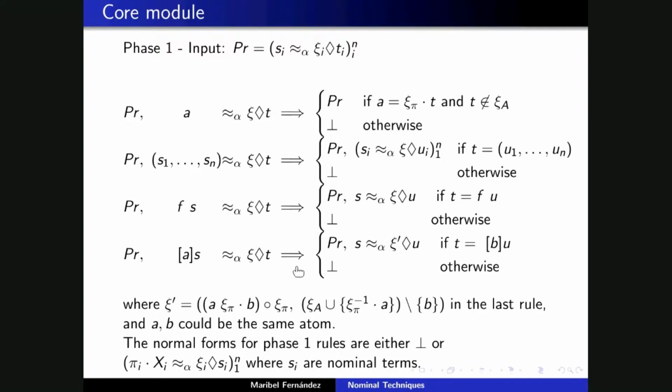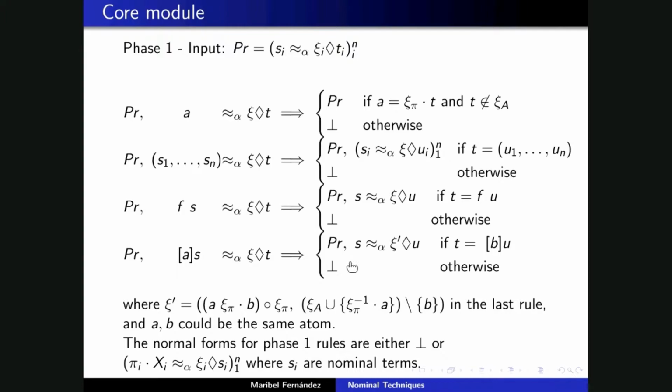At each point, you might already detect a failure, or you might be able to proceed. For example, if you're trying to match or check an equality and you have F as a term former at the root here, you know that this one has to have an F also at the root. And if not, you already know the equality check will fail. So the rules can either proceed with the simplification or detect a failure, and there you can stop.